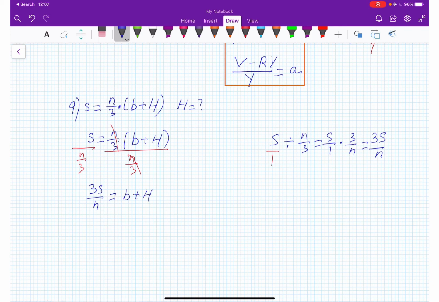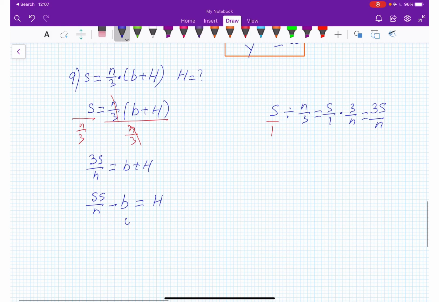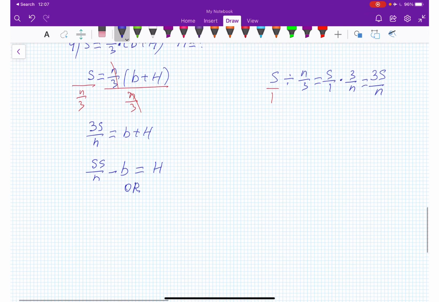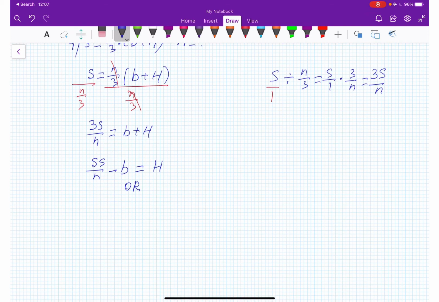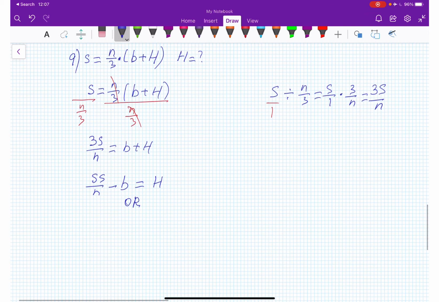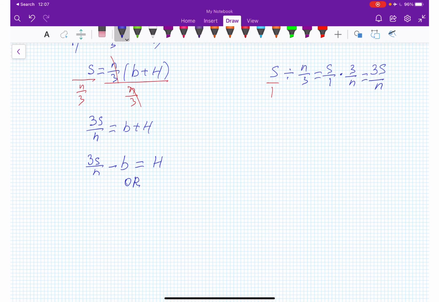And from here we need to find h. It's going to be 3S over n minus b is equal to h. Or if we want to bring it to a common denominator, I'm going to write n as the common denominator.